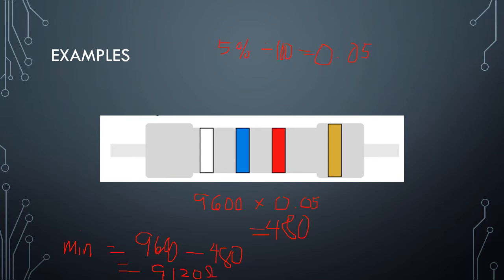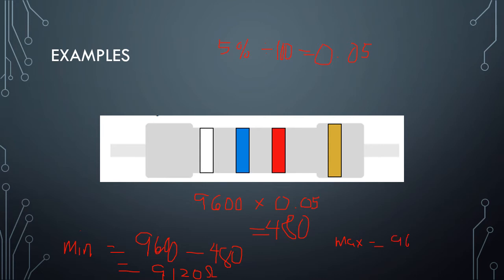So this is our minimum value, 9,120 ohms or 9.12 kilo ohms.